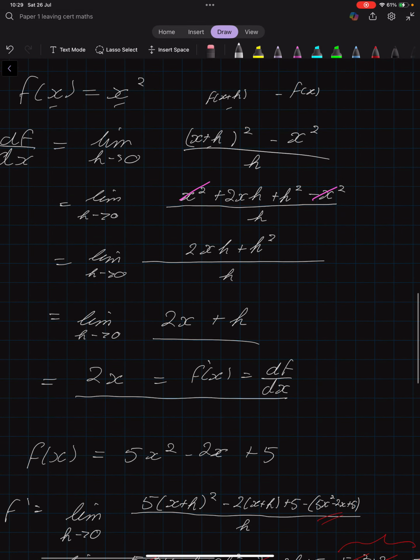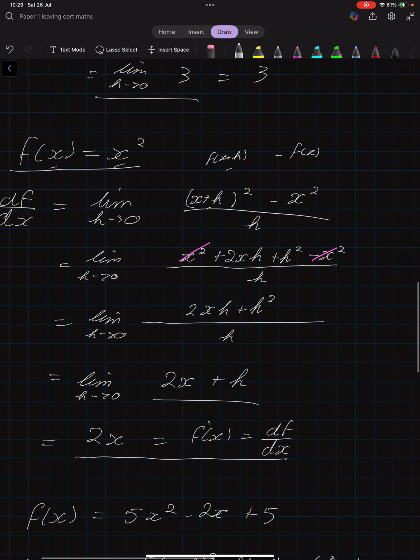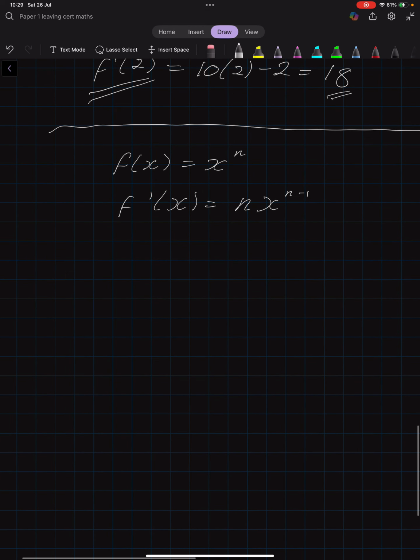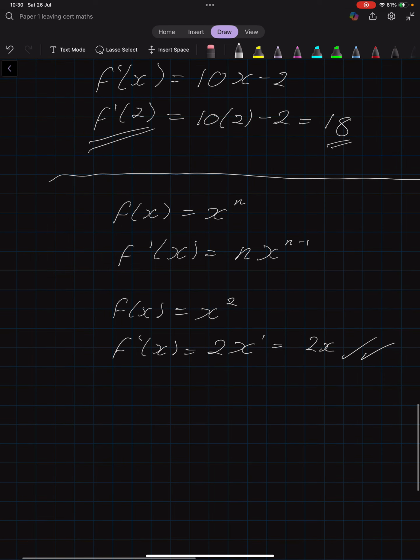Up here, we got the derivative of x squared, and we found that it was 2x. So if I apply this and say, what if n is 2? Then f of x equals x squared, and f prime of x equals, plug in 2, 2x to the power of 1, which is just 2x. So yes, this is correct. So this is a very, very important rule to remember.